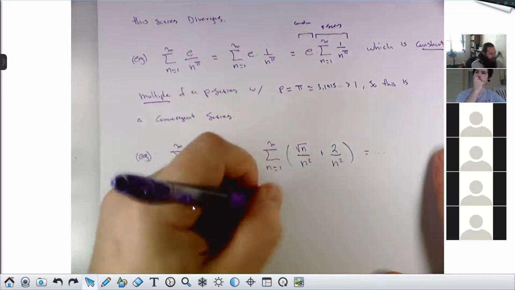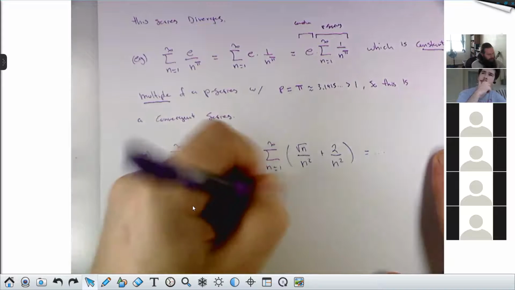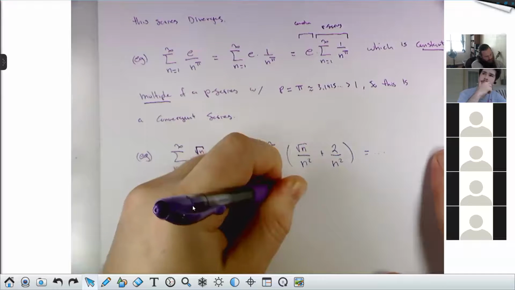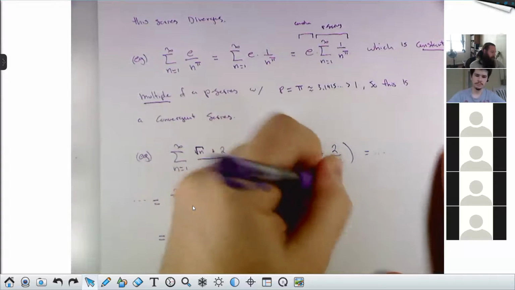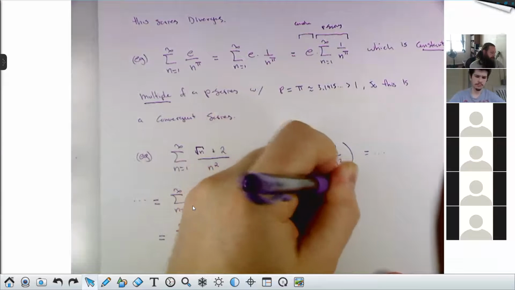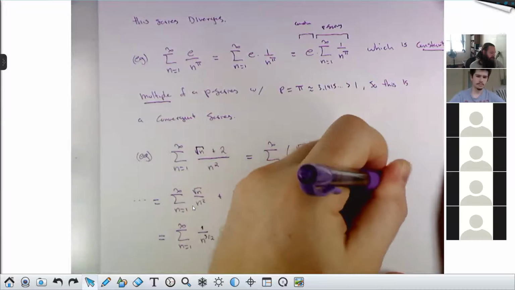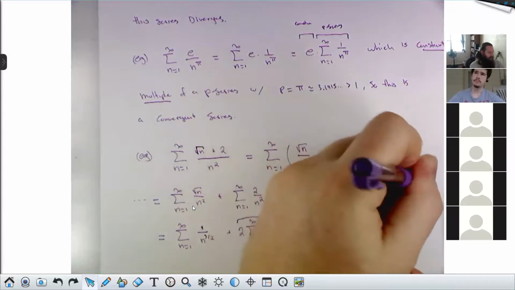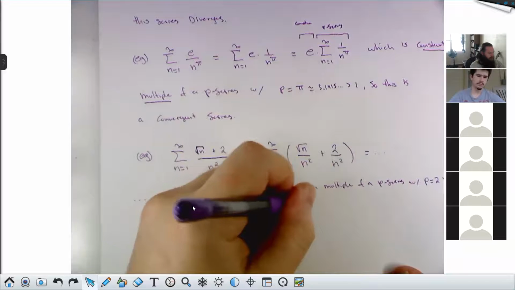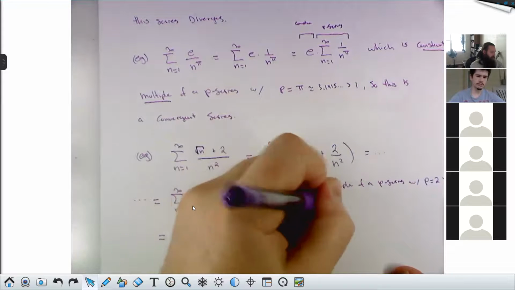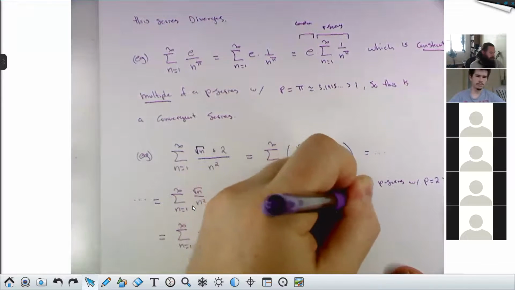This first piece, like the previous problem, is a multiple of a p series with p equal to 2, which is bigger than 1. So this piece is convergent.